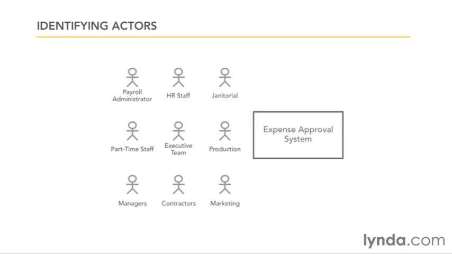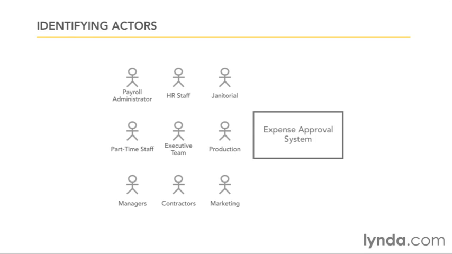Now, what I mean by that is if you're defining, say, a use case for a new internal expense approval system, it might be true that your organization has employees and contractors, full-time and part-time, administrators, managers, executives, all who expect to interact with this application, but the difference between them might not matter at all.